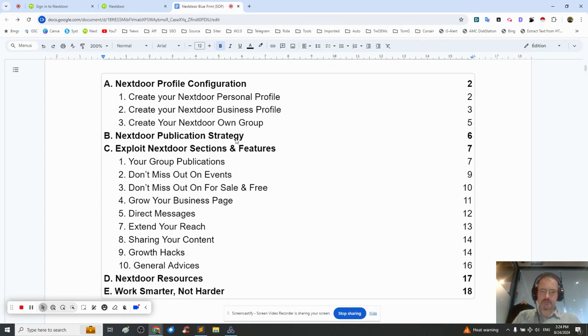Then I give you also some strategies on how to get a proper publication timeline over the year. Also, I remind you that there are many different sides of Nextdoor that you should be focusing on and trying to get advantage to have the maximum visibility. So the name of the game on social media nowadays is to have the maximum visibility. Either you have the budget to pay for ads, although I don't think paid ads on Nextdoor are the pinnacle of visibility and success.